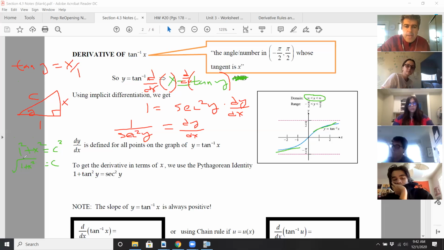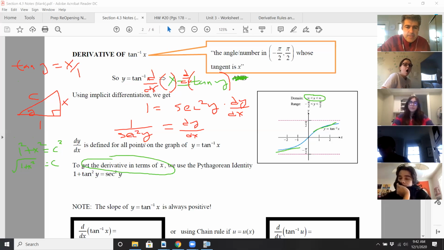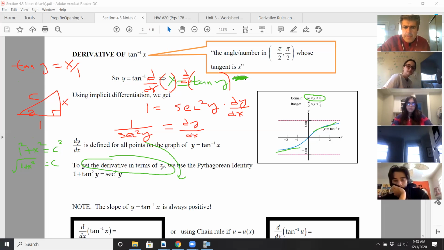Okay. Now, to get the derivative in terms of x, you could go about this a few ways. Secant squared we know is 1 over cosine squared.